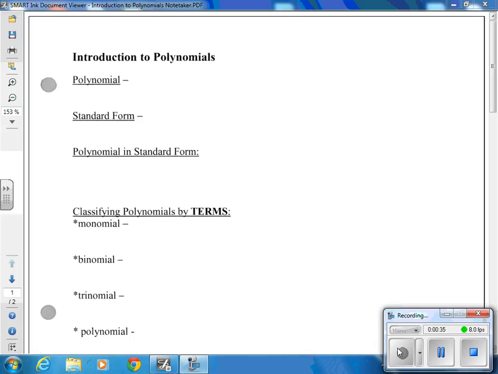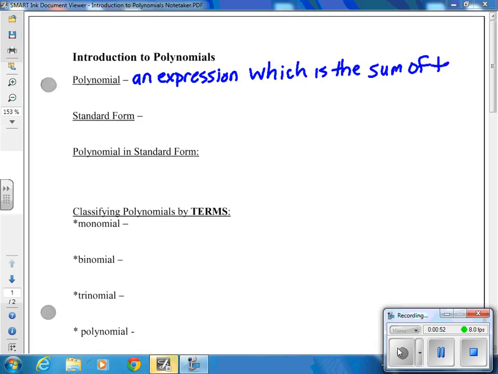All right, so in general, a polynomial is an expression, so we have no equal signs involved, which is the sum, S-U-M, not S-O-M-E, of terms of the form ax to the k power, where k is a positive integer.